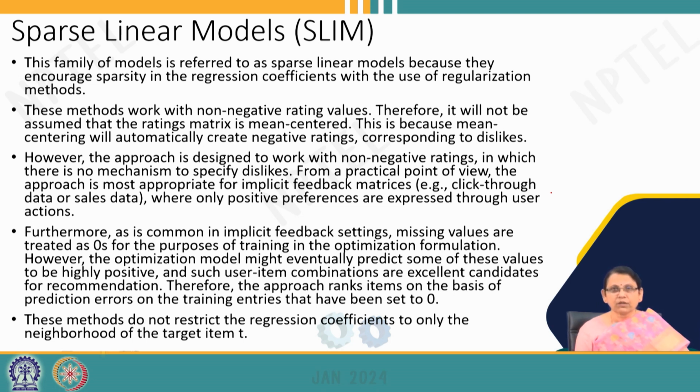Similarly, n cross n will be the dimension of the item similarity. Now, in both these similarity matrices, the maximum entry will be 0. Why? Because in the original m cross n feedback matrix or m cross n rating matrix, many of the items are missing.